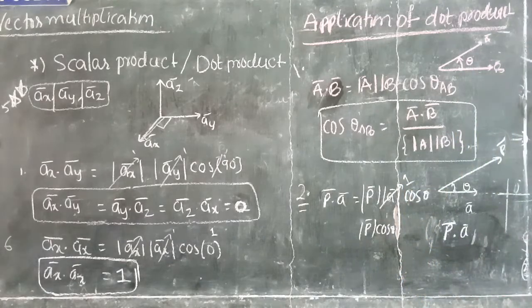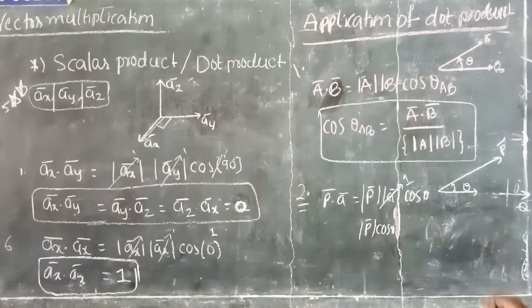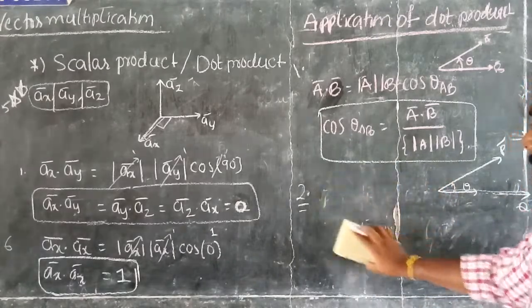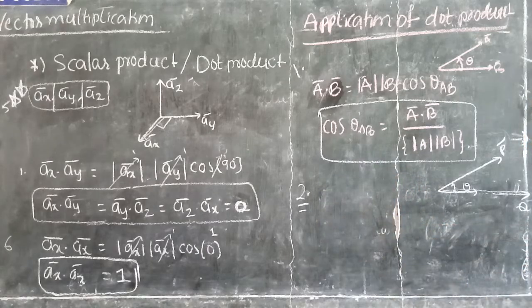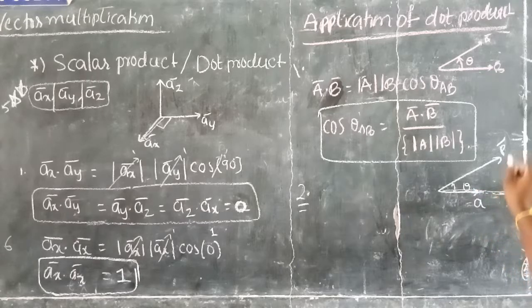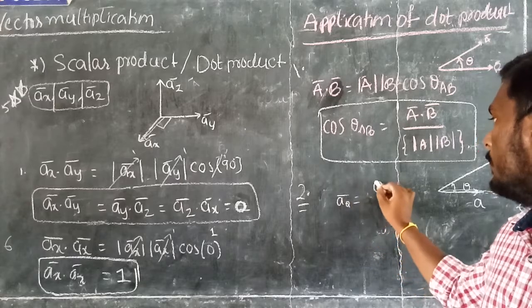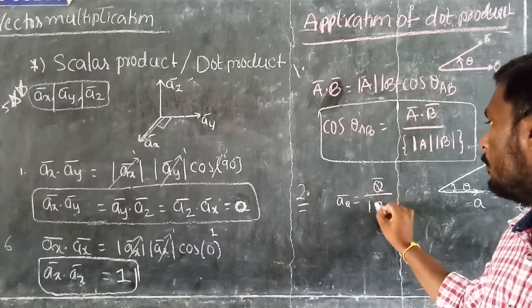Or suppose you have another vector q, and you already know its value. In such cases, how can you calculate the component of p bar on q? First of all, we need to calculate the unit vector along q. The unit vector along q is aq bar, equal to q bar divided by magnitude of q bar.